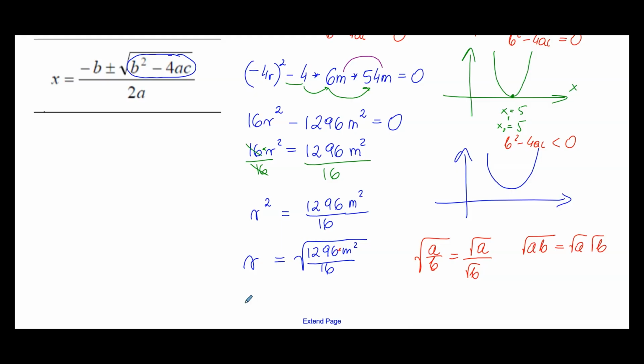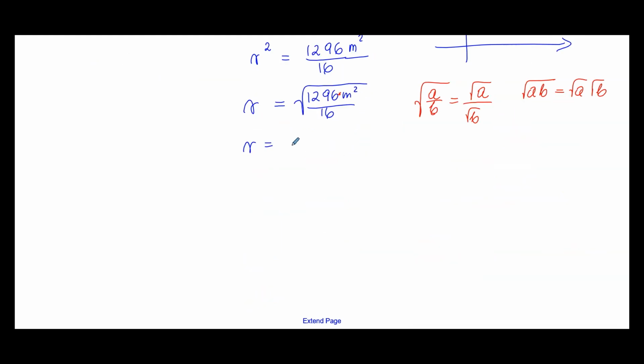So basically, I could say it is the square root of 1296 multiplied by the square root of m to the power of 2 and multiplied by the square root of 16. And again, those two will give me values. So if I put that in my calculator, I am going to get 36 on top of the fraction divided by 4. So that's the first thing.